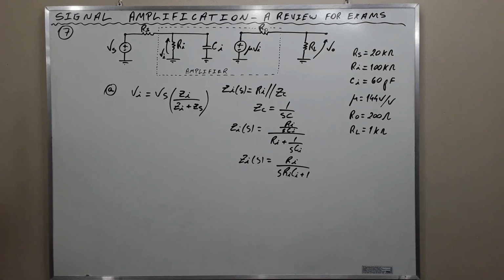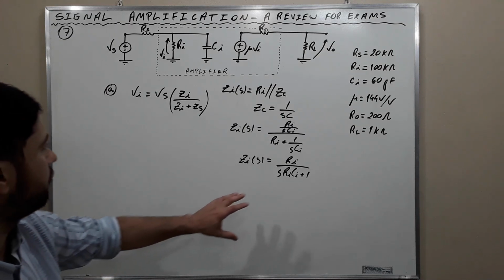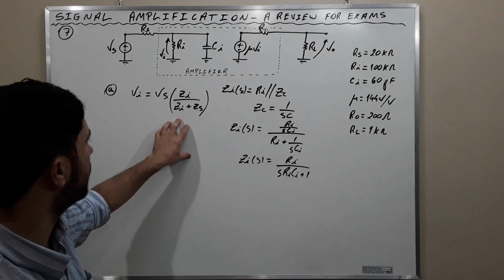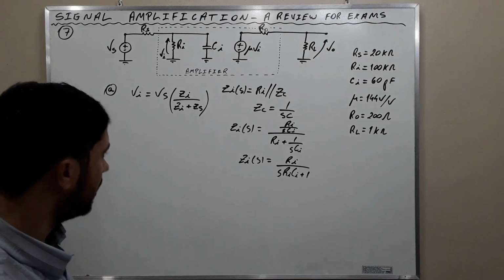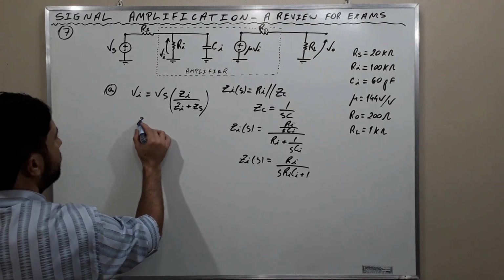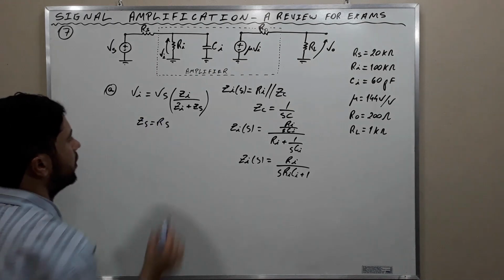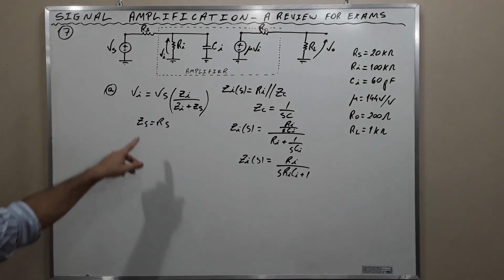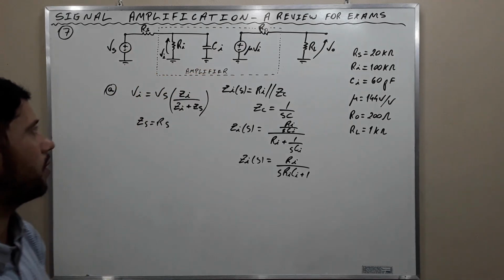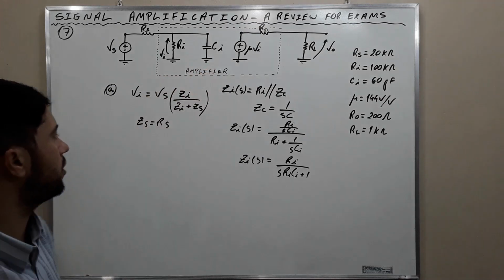Working a little bit more on this equation, okay, we transfer this to this, and knowing that Zs is Rs, this is only resistance, and this is the parallel connection between a resistance and a capacitance.